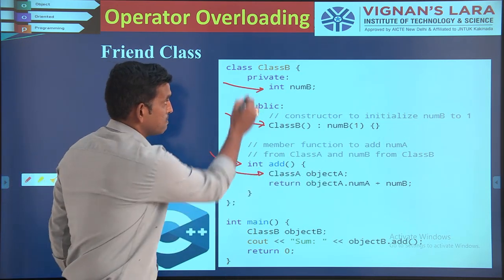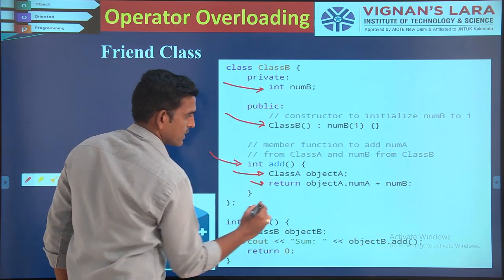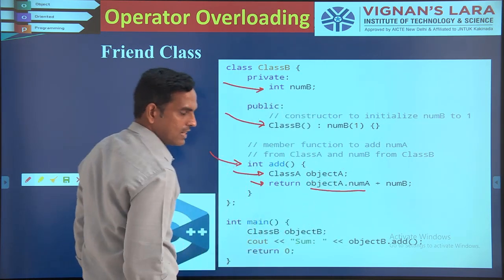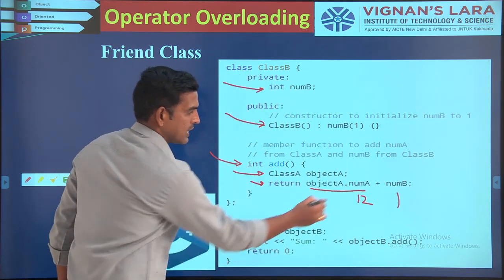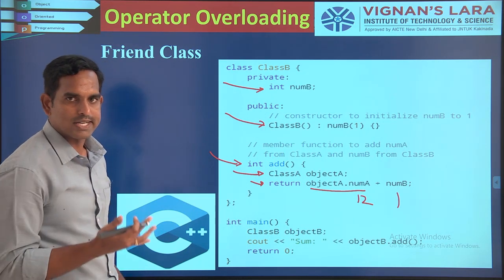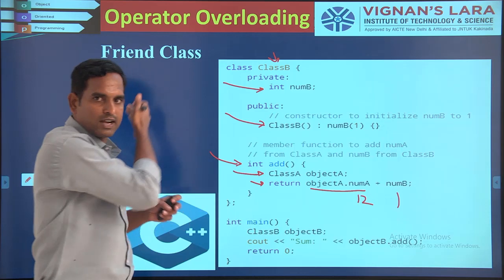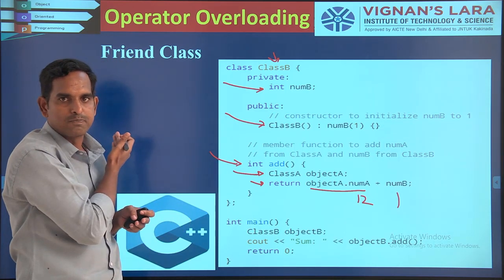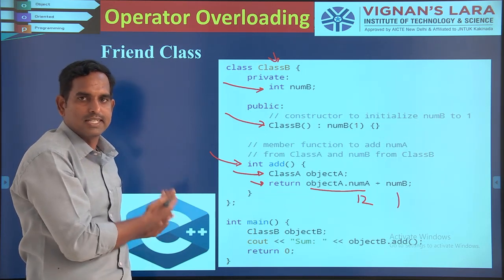That is, class B can contain class A's objects, and then it is using object A dot num A. So num A value is 12 and num B value is 1, and it will add and return 13. What you have to understand is, since you have made this particular class B a friend of class A, class B can access all the things about class A. It can access its objects, its member functions and other things.